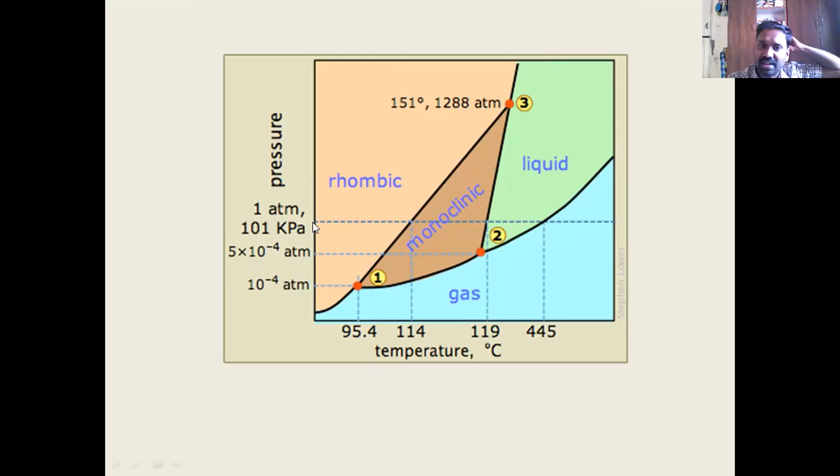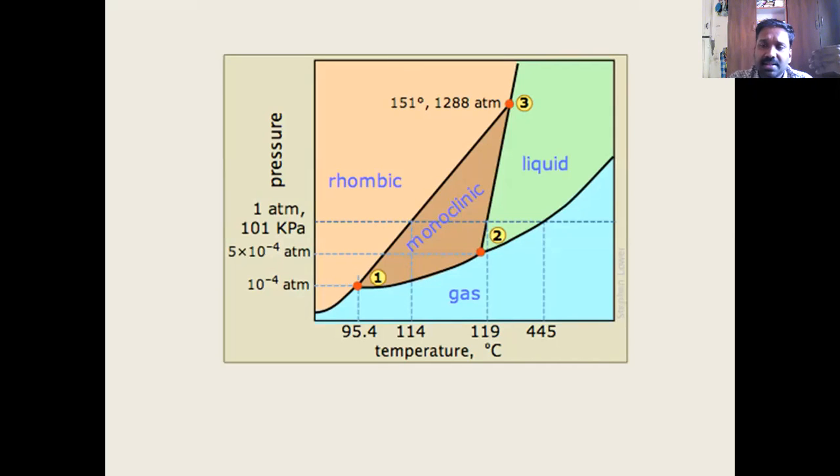So what is 1 atmosphere in pascals? It is 101 kilopascals. At 1 atmospheric pressure, what is this temperature? 114 degrees Celsius. Is it not? So below 114 degrees Celsius at 1 atmospheric pressure, you have only rhombic sulfur. Above 114, you have monoclinic.